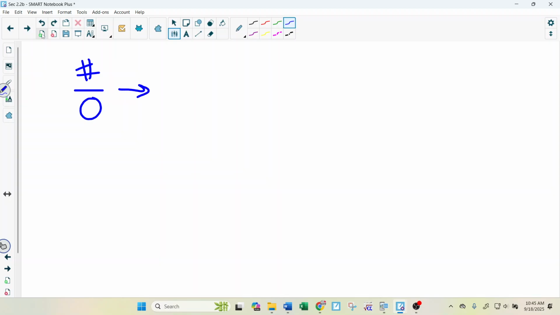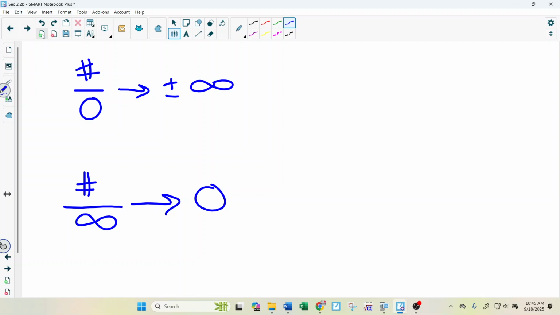And then this is going to go to plus or minus infinity, depending on the sign of the 0 and the number. If we have a number over infinity, like we started, that is going to go to 0. That is a good rule of thumb. Put that on the front of your notes somewhere to help you remember that.